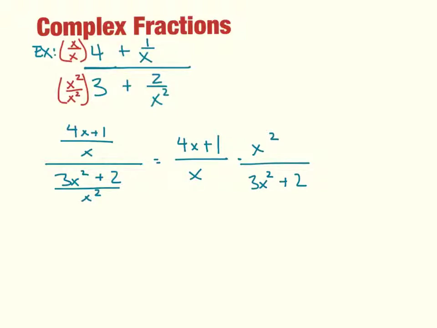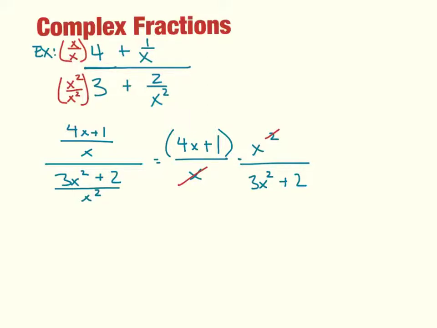Because these things are being multiplied, I can look for things that can cancel. I see this x will cancel one of these x's. So now I have 4x plus 1 times x over 1 times 3x squared plus 2.